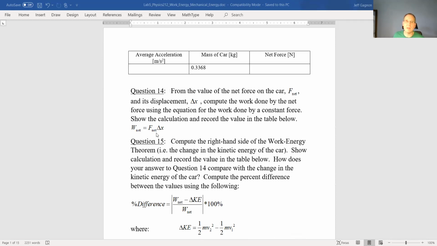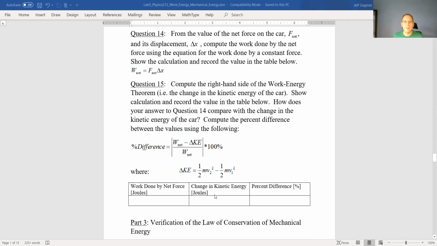So the net work is simply equal to the net force times the displacement, times 1. So that'll go here, the work done by the net force, and the units are joules.